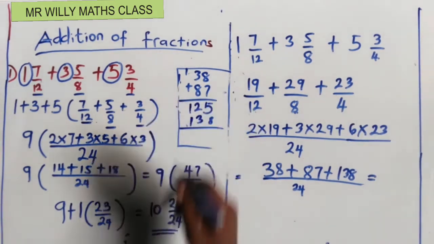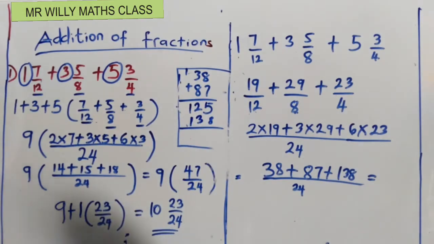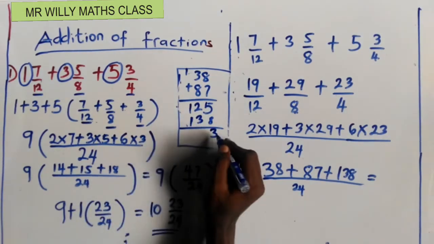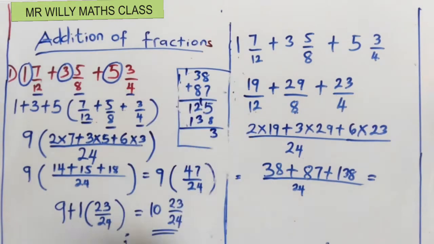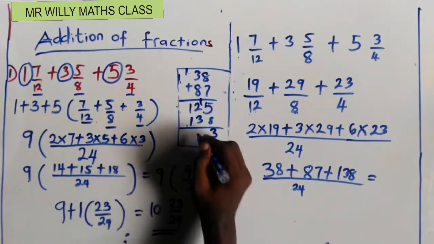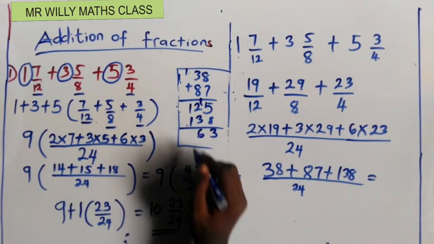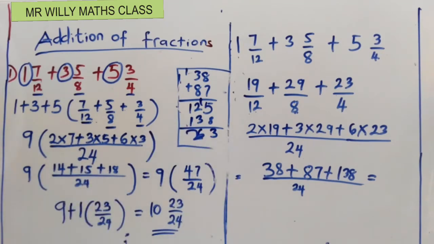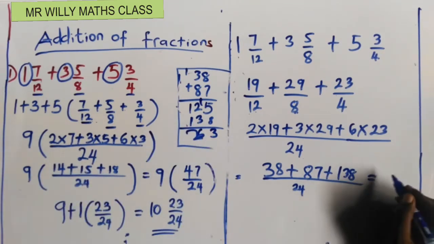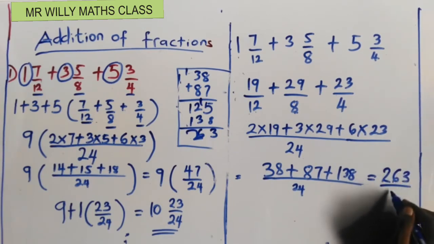Now 8 plus 5. What is 8 plus 5? That'll be 13. Keep 1. 3 plus 2, 5 plus 1, that'll be 6. 263. So our answer is 263 divided by 24.